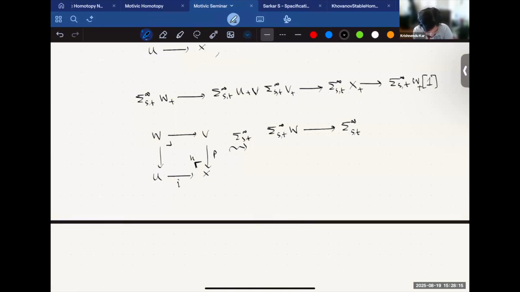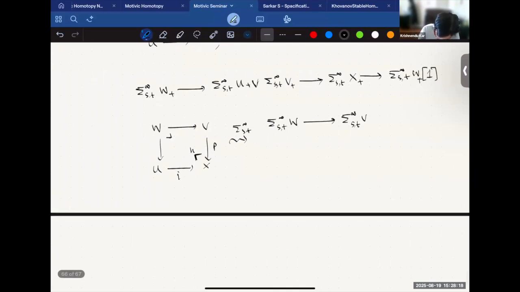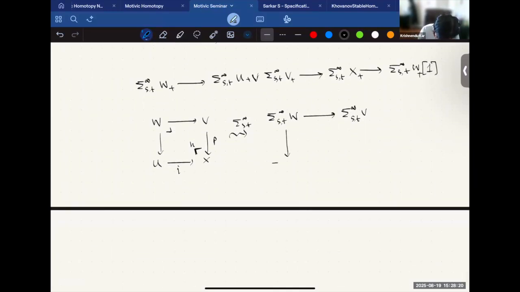This will preserve the homotopy colimit, so you will have this push out square. Yeah, and then you have to play with the diagrams a little bit to show that this push out square is the same as saying this wedge version, and from there we'll get the upper distinguished triangle. There is nothing much fancy going on.